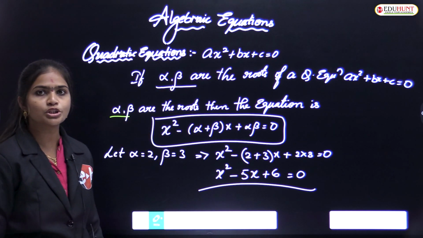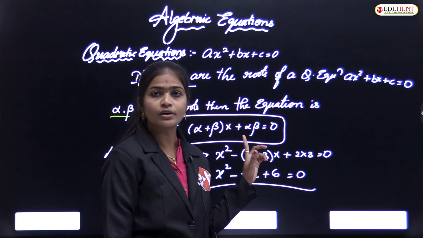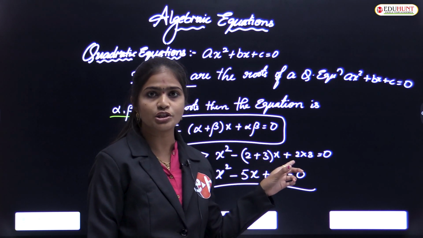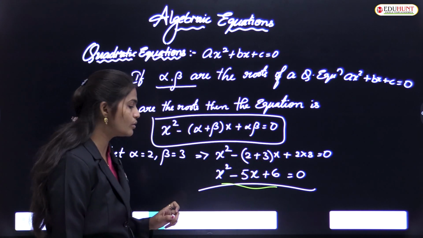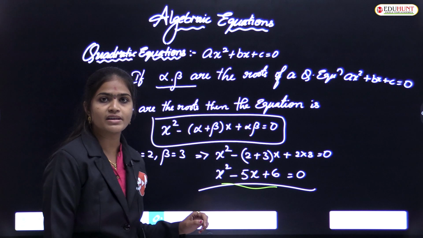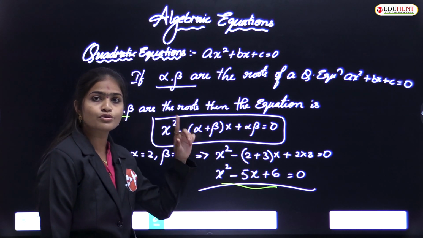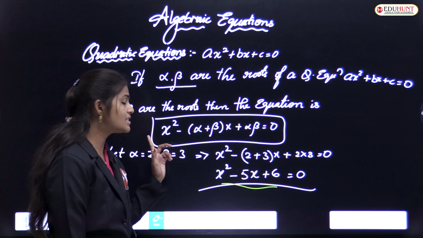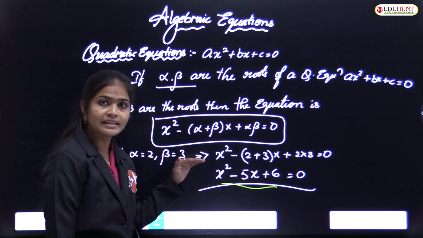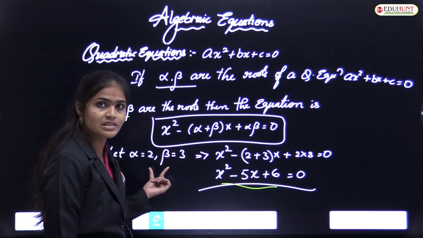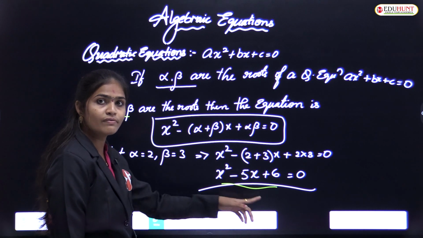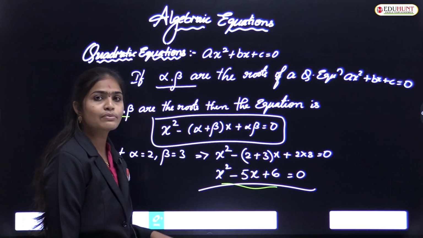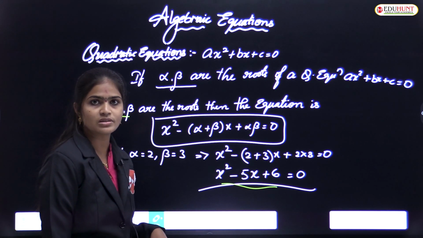Just observe that equation. While I was explaining the quadratic formula and factorization method, I took this equation only, no? x square minus 5x plus 6 is equal to 0. In those two methods also I took this equation and we got the roots as 2 and 3. Now here in this concept they gave only roots. By using the roots we got the equation x square minus 5x plus 6 is equal to 0.